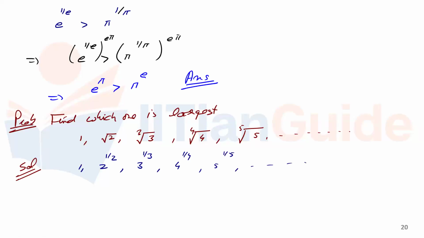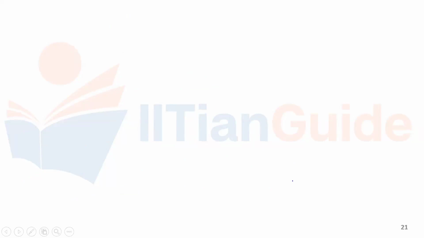And so on. But we know a result. Okay? I'm going to plot the graph. We know that e power 1 by e is the largest number. ये हमको याद है, हमने याद करके रखा हुआ है. It's the largest number. Now I'm going to plot the graph on the next slide.